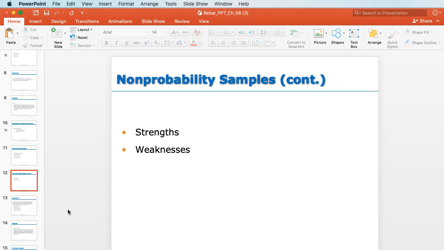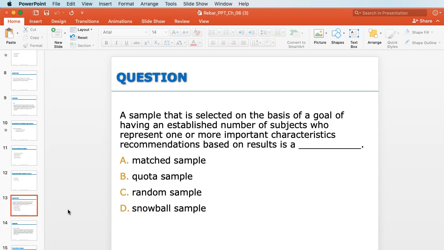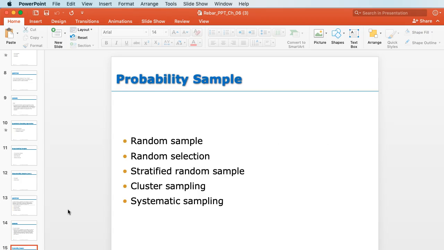But some of the weaknesses really relate around potential bias that can be induced. And then probability samples, these are all the different types of ways that one could manage probability sampling. So you may see these different types of random sampling, how they went about it, and these are all probability sampling.